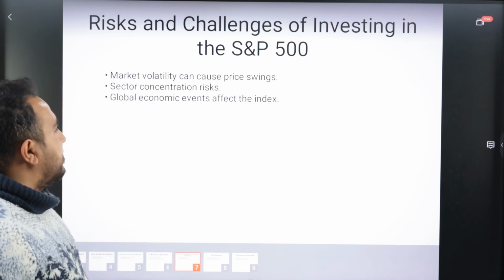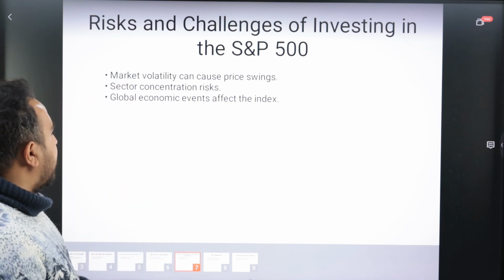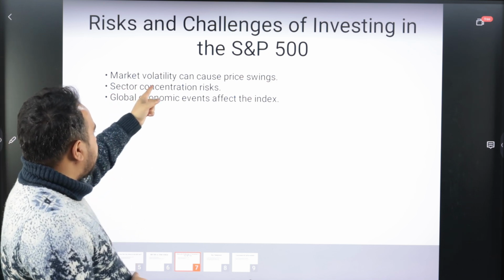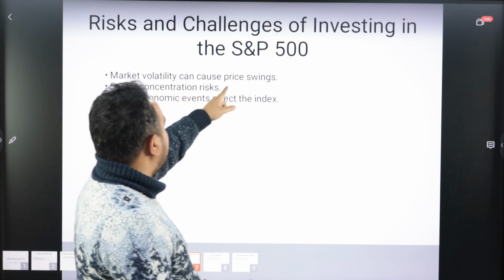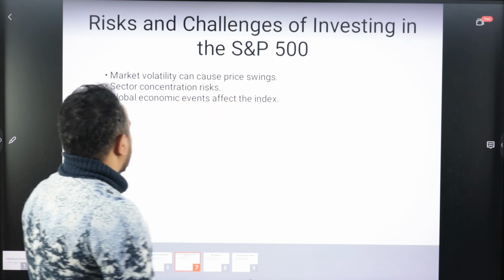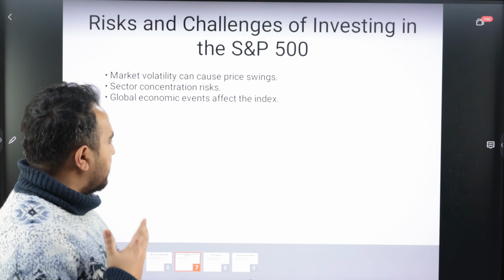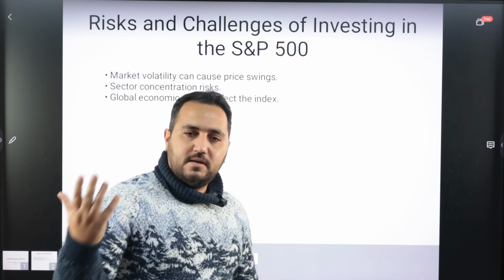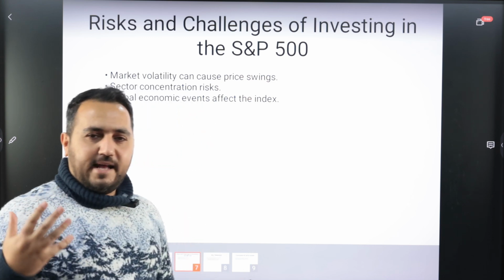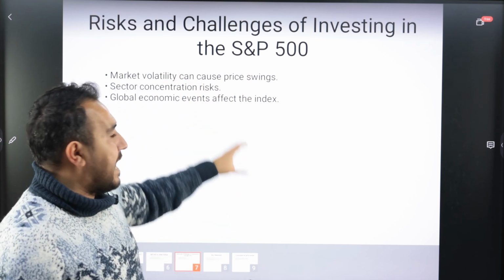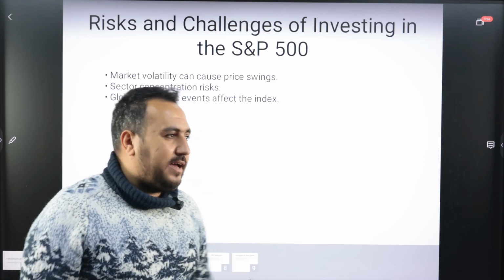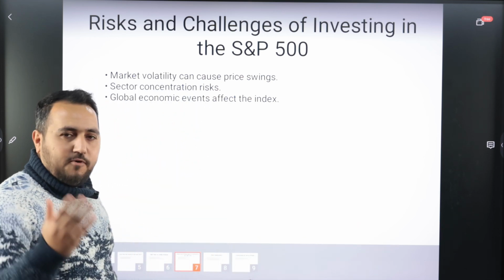Risks and challenges of investing in the S&P 500. Market volatility can cause price swings. Sometimes there is huge volatility, sometimes there is less volatility. Every trader can face this, not only in S&P, but even in currencies, even in any other forex pairs.